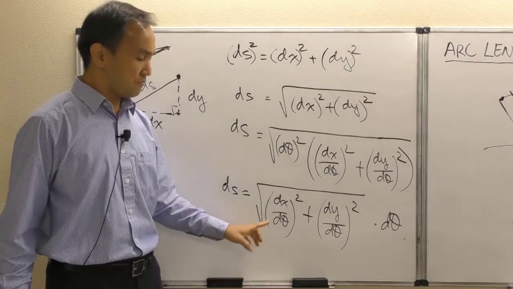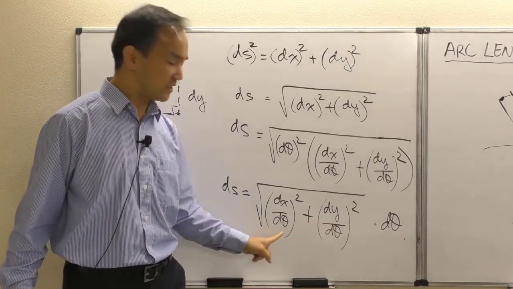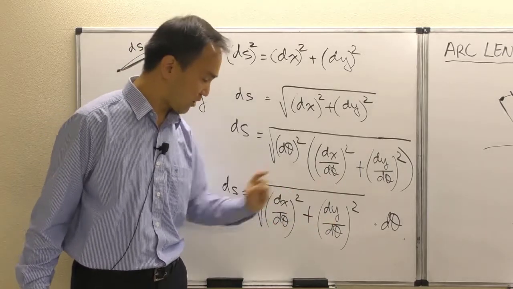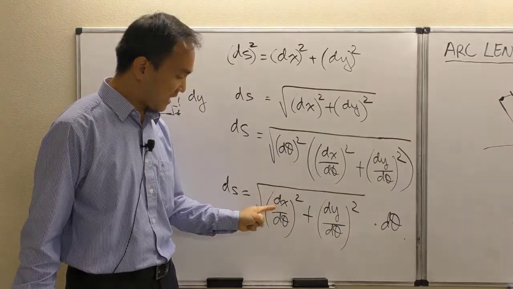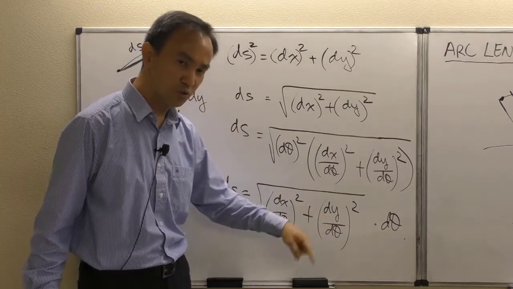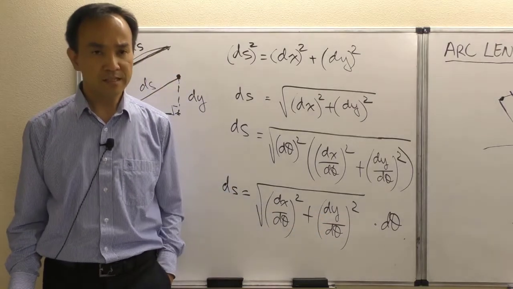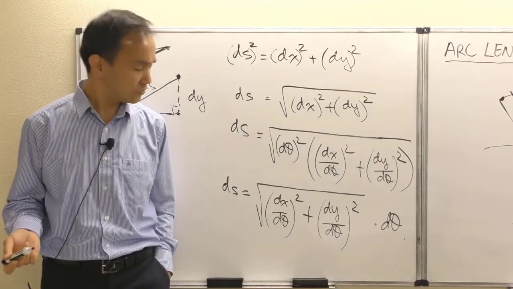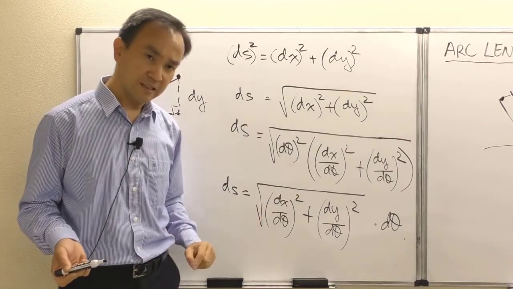Now let's look a little further into each one of these squares inside of the square root. Here I'm looking at dx over d theta all squared, and here I'm looking at dy over d theta all squared. Let's give a moment to think about the dx over d theta here.